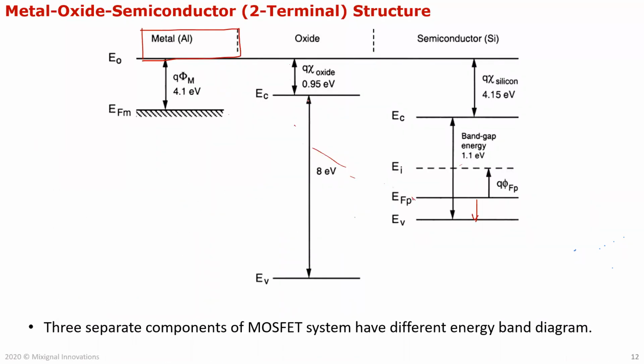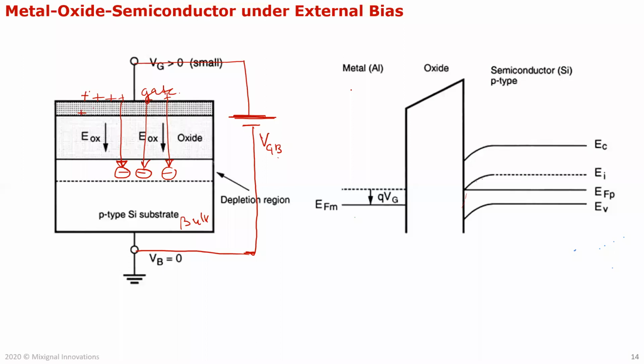If you see here, the affinity is 4.1 electron volts, whereas this is 4.15 here, and this is 0.95 here. When we talk about work function, it will be more clear. So let's leave that to the next lecture. It'll be harder to go into that right now.